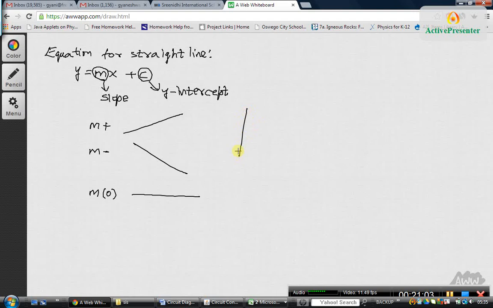For example, if this is your graph, this is y and this is x, if c is 2, then the straight line graph will pass through y. If c is 2 and m is say 1, the straight line graph would pass like this at a 45-degree angle through 2. Clear?